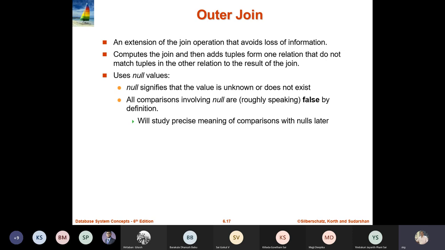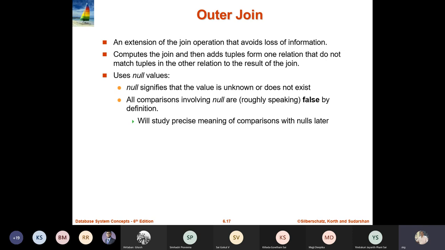So there is a concept of outer join. It computes the join and then adds tuples from one relation that do not match the tuples in the other relation in the result of the join. Right. So if we recollect a couple of slides back, it is R.A1 equal to S.A1, R.A2 equal to S.A2 and so on and so forth.